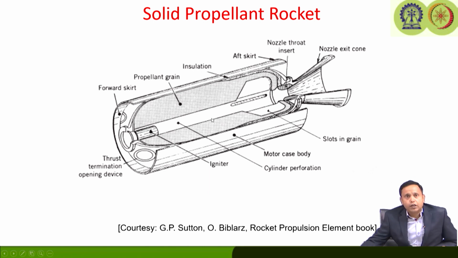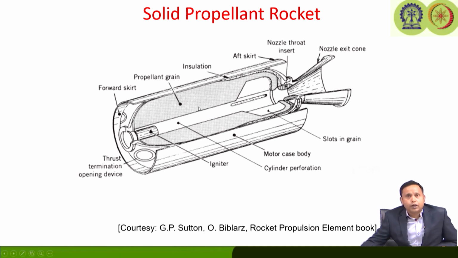Now, depending on the perforation, which is basically the grain configuration as per the rocket terminology, the burning rate is going to be different. This burning can either increase with time, decrease with time, or remain constant with time. That depends on what internal perforations are used in the grain.